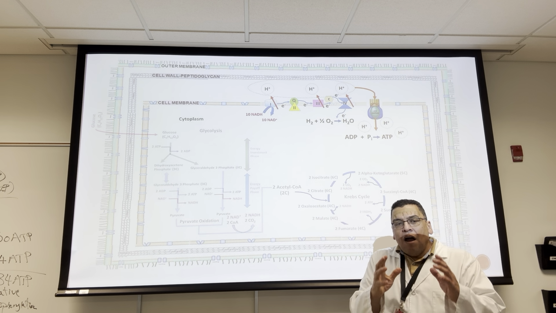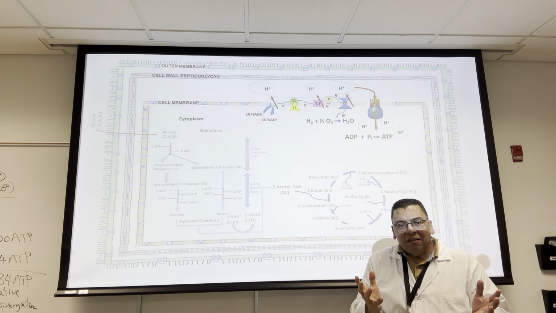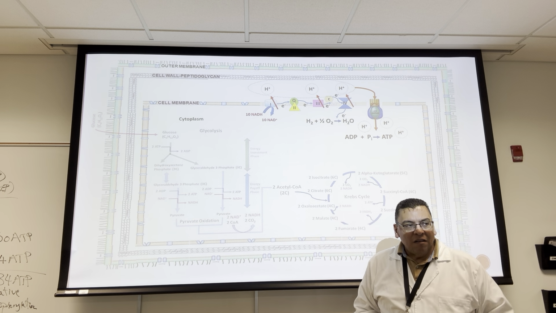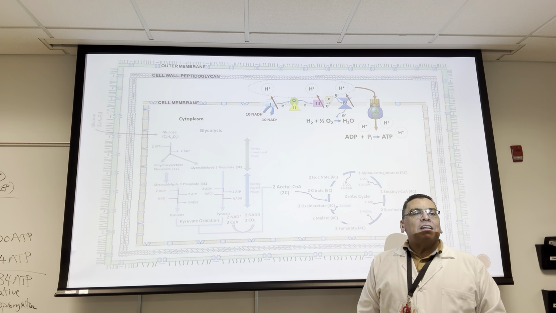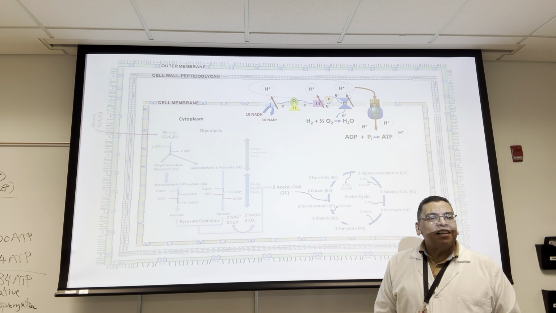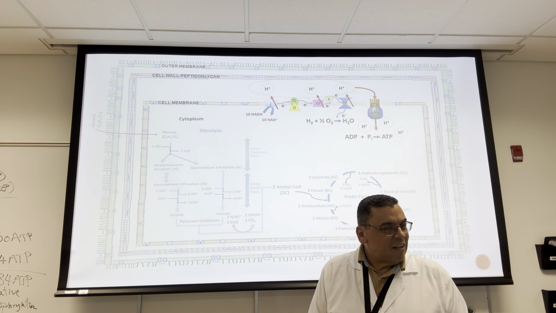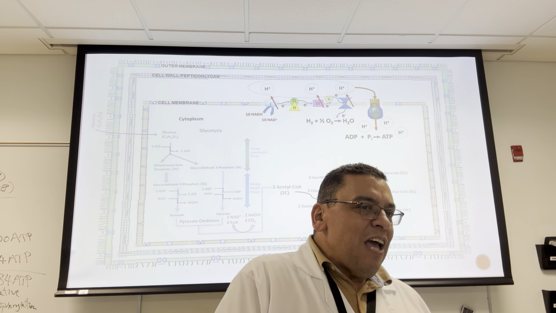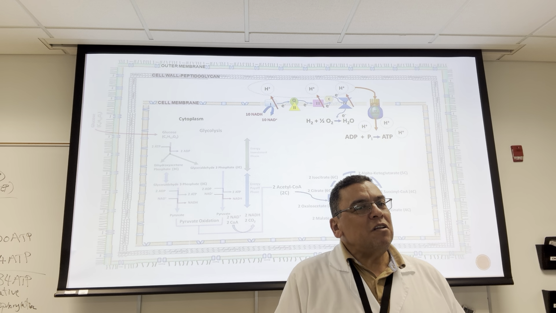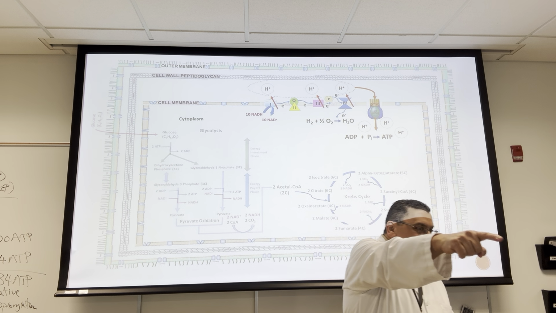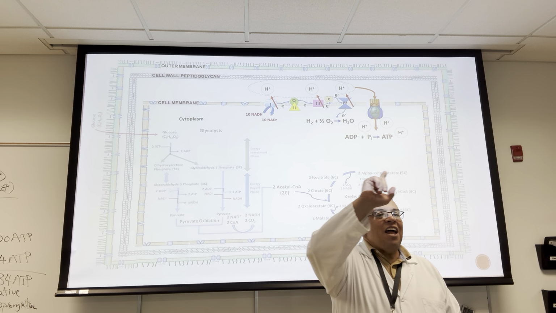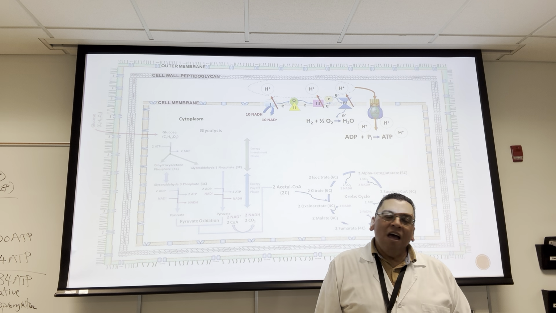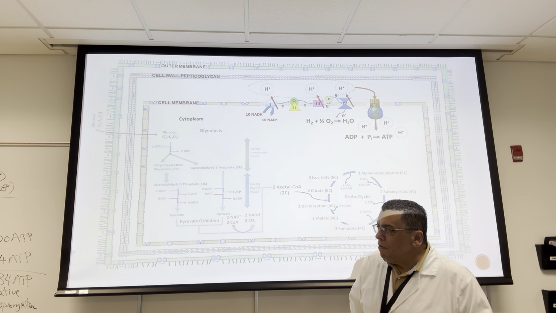What are they trying to create? A gradient? A gradient. What's the name of that gradient? It's a chemical, but it's charged. Electrochemical. Say it. Electrochemical. The electrochemical gradient. Absolutely. Let me write it down for you.